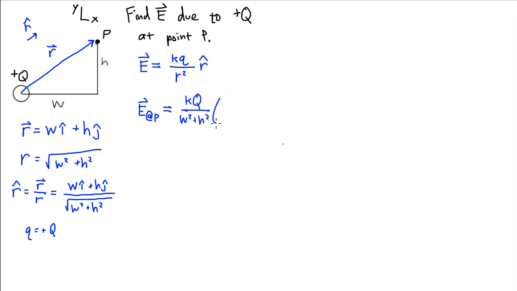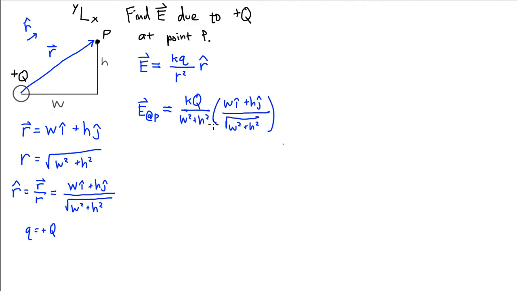And then we multiply that by the unit vector R hat, and this is a big ugly thing, so we're going to need parentheses. Parentheses for safety. Okay, W i hat plus H j hat over square root of W squared plus H squared.